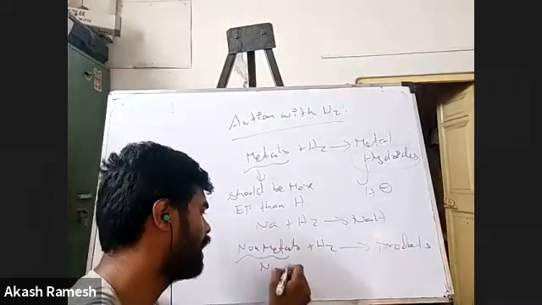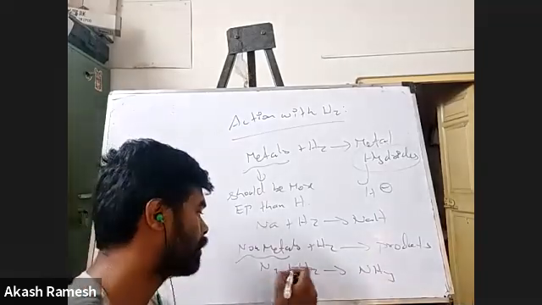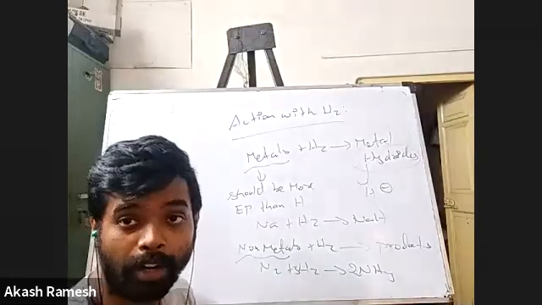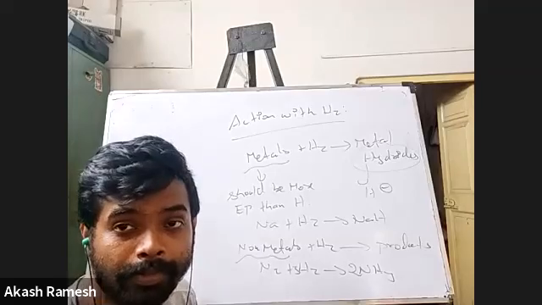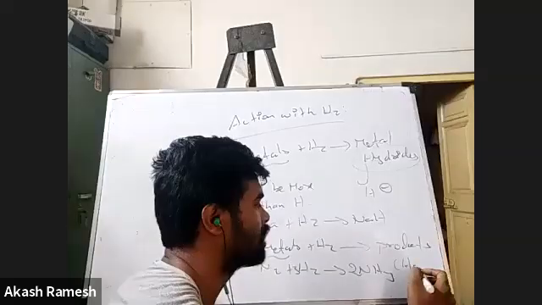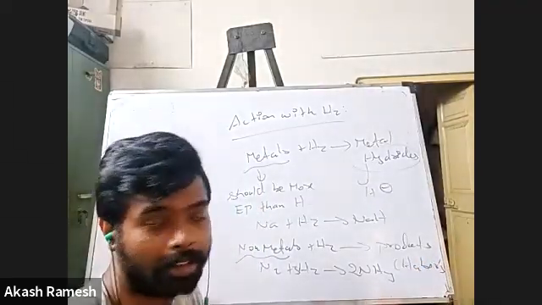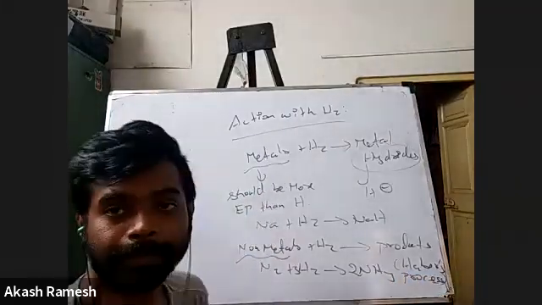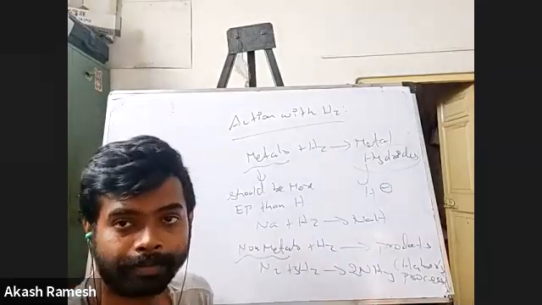For example, N2 plus H2 giving ammonia is a very famous reaction. N2 plus 3H2 gives 2NH3. It's the Haber's process. Have you heard this term, Haber's process? No, sir. Please understand, this is an industrially very important process. This is how you produce ammonia in industries. N2 reacting with H2 to form ammonia, NH3.